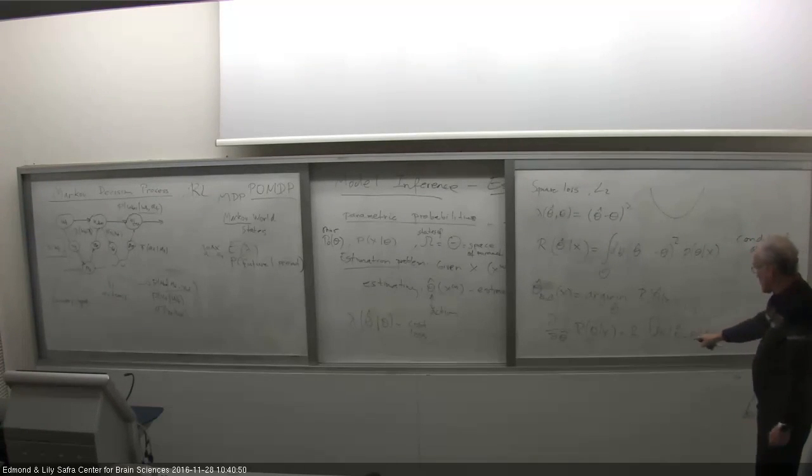The first integral is just theta hat, because theta hat is not theta, so the integral over theta is 1. So what I get from it, allow me to write it here, is that theta hat is what we call the posterior expectation of theta given x.